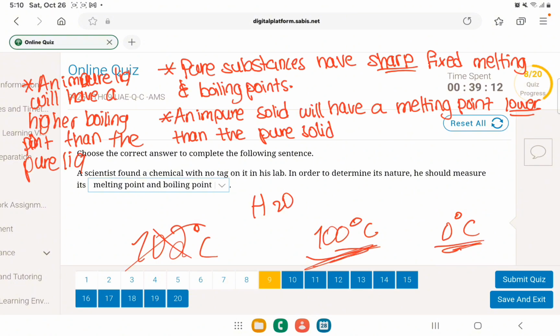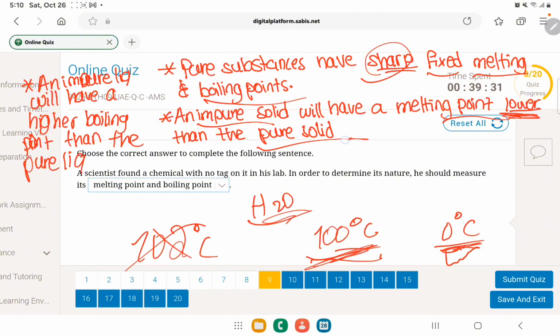Okay, so pure substances have sharp fixed melting point and boiling points. As you just said, H2O boils at exactly 100 degrees Celsius and melts exactly at 0 degrees Celsius, and an impure solid will have a melting point lower than the pure solid.